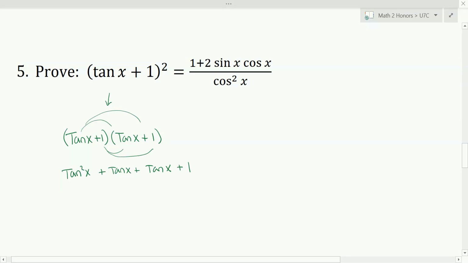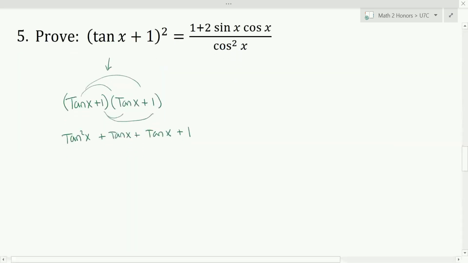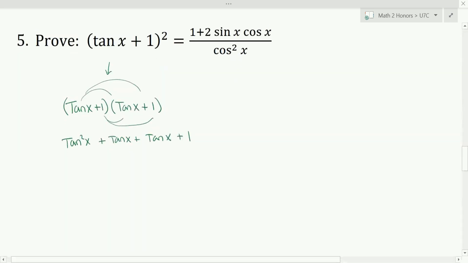All right. Any advice from you guys? Some of you went further. I know you did. And so what's your advice? What should we do? Yeah. Okay. So we have a tangent squared here.